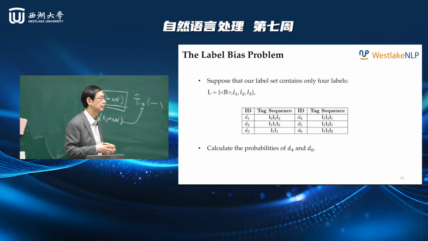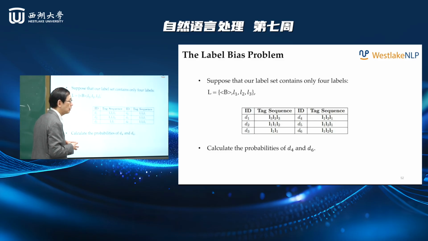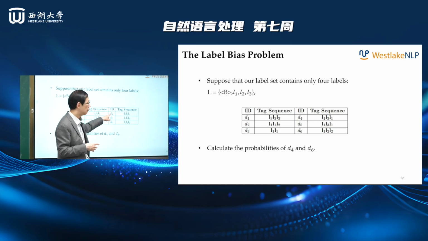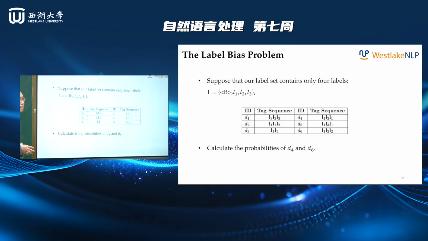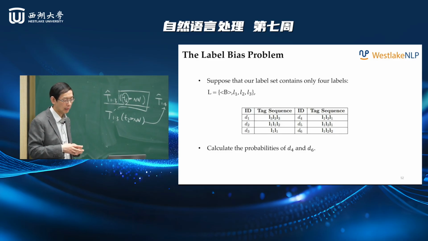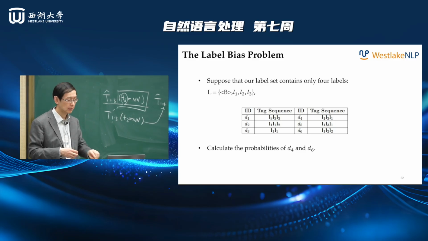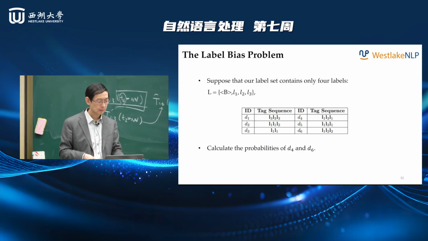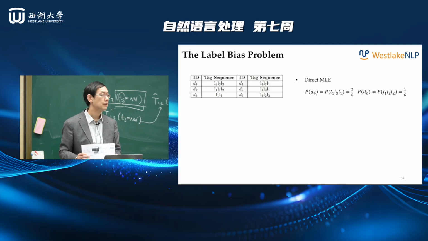Now, I want you to compare the probability of D4 and D6: L1, L3, L1, and L1, L2, L2. Now suppose we're trying to optimize the sequence probability globally.